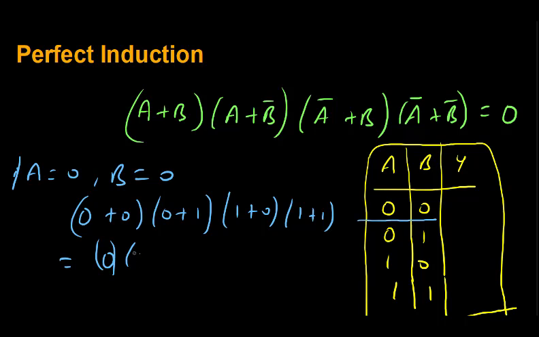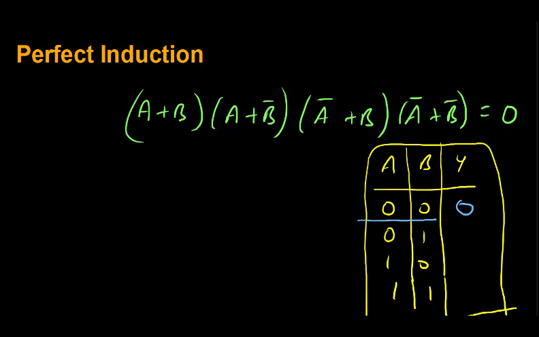Here we have AND. So this is 0, this is 1, this is 1, and this is 1. Here we have 0 and 1 and 1, and that becomes 0, because if any input is 0 for an AND gate, it becomes 0. So this becomes 0. Now let's take the second one.